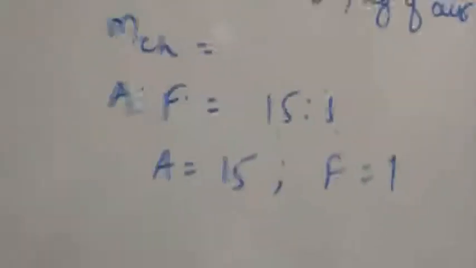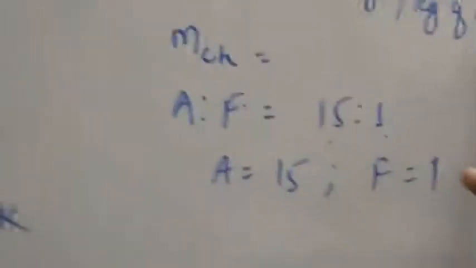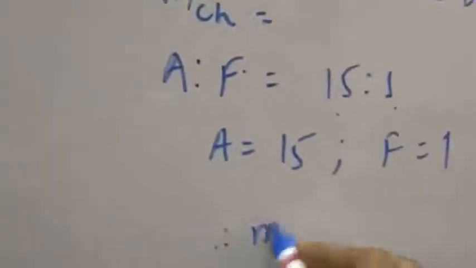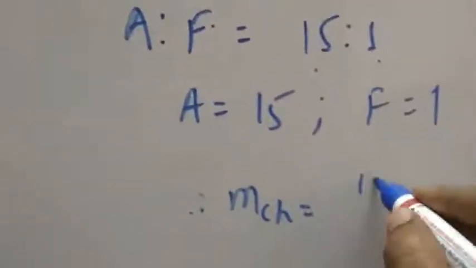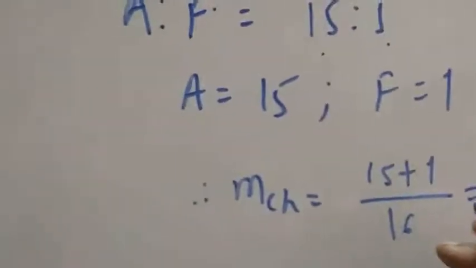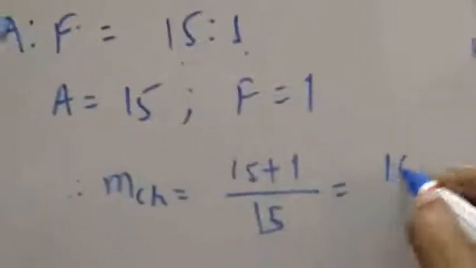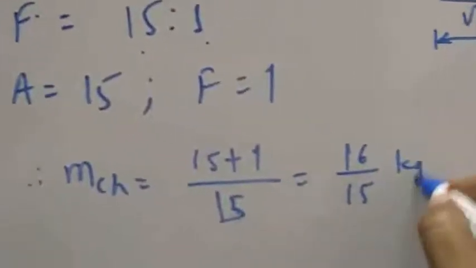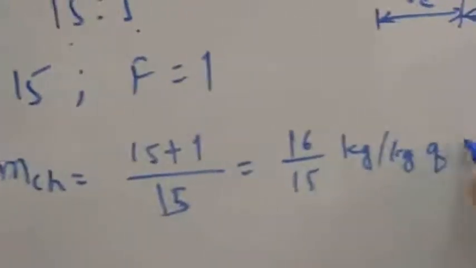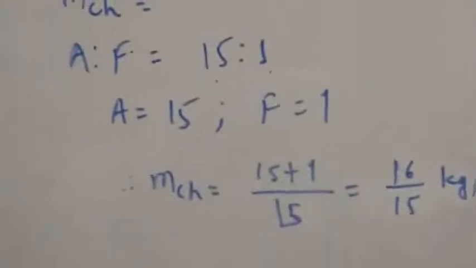So total charge will be 16 kg, but we want this answer per kg of air. Therefore, MCH is equal to 15 plus 1 divided by 15, so 16 by 15 kg per kg of air. This is the mass of charge.